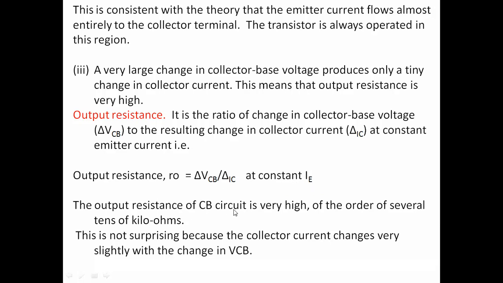The output resistance of the common base circuit is very high, in the order of several tens of kilo ohms. So input resistance is very low and output resistance is very high for the common base configuration.